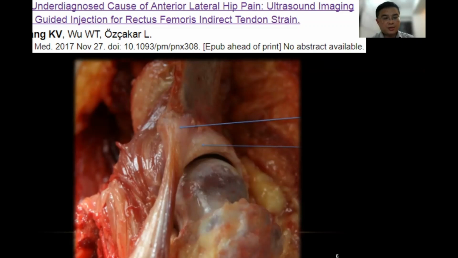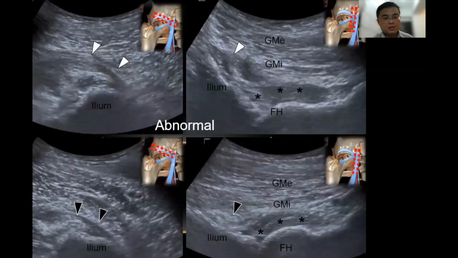So how could we use ultrasound to identify the pathology of the indirect head of the rectus femoris? So here you can find, at the upper left subgraph, this is the long axis of the indirect head of the rectus femoris.